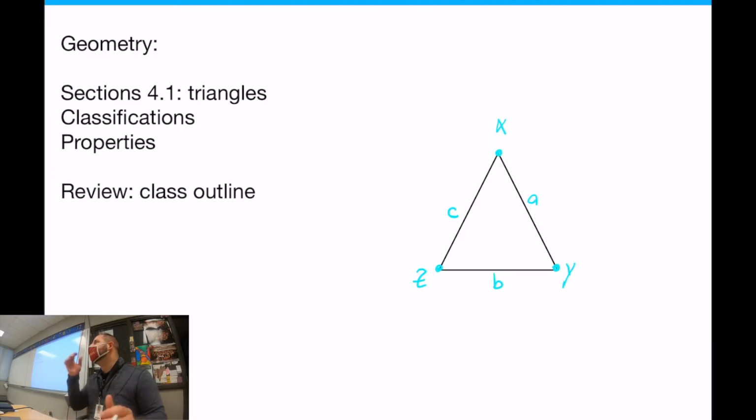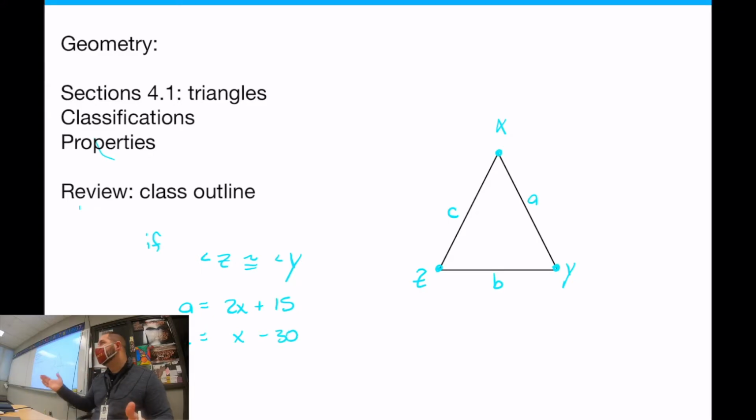So they're going to give us a couple things. Maybe they'll tell me that angle Z is congruent to angle Y. So maybe this is one of the things. If those two angles are the same, and they tell me that a is 2x plus 15, and little c is x minus 30, maybe they want me to find out what the numbers are here, and let's make this a negative.